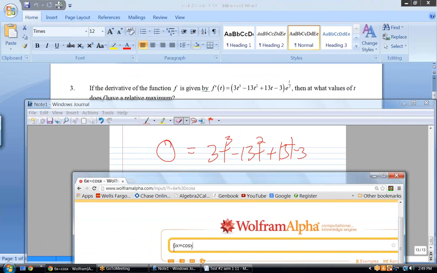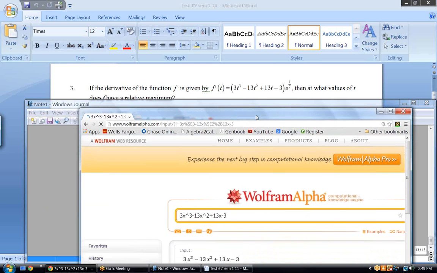It's the other beauty of Wolfram Alpha. 3x to the third minus 13x squared plus 13x minus 3. Make sure I have the function correct.